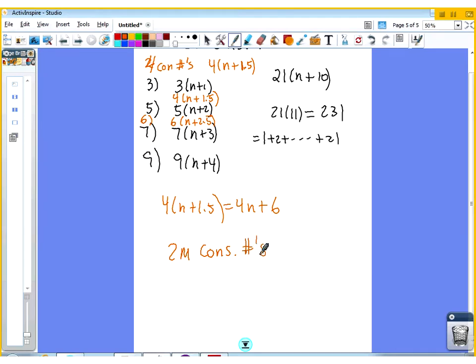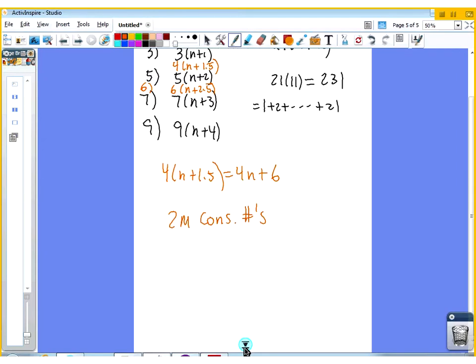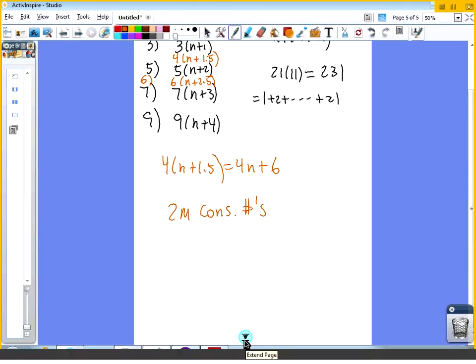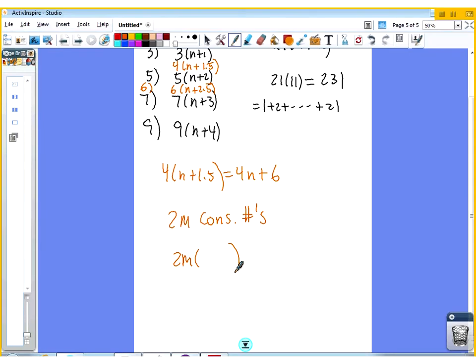What does that kind of number have to look like? 2m times n plus 2m minus 1 divided by 2.